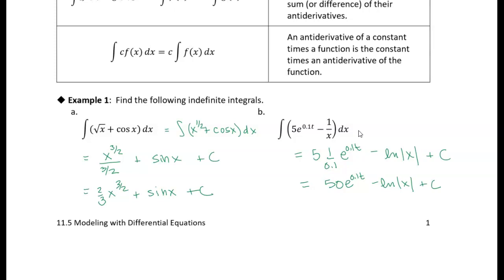The second type is an algebraic rewrite, where initially it doesn't quite look like something that you would know how to integrate, but if you rewrite it algebraically, you can make it into something that looks more manageable, more doable. And then the third type that you learn in Calc 1 is the basic substitution. So in the next example, I'm going to go through a couple of integrals where we're going to do an algebraic rewrite.